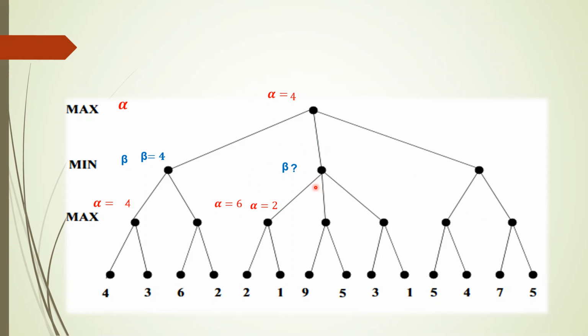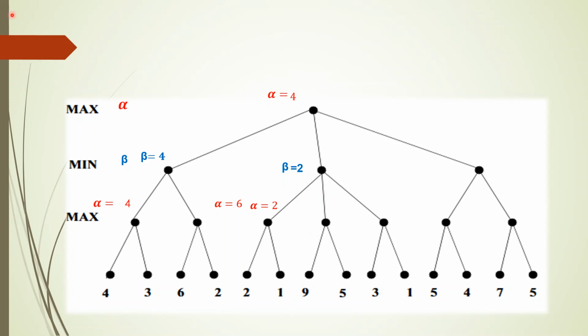So beta here is positive infinity. Beta will now compare its value, positive infinity, with this node. The value of this node is equal to 2. So 2 is less than positive infinity, so beta will adopt a value equal to 2. So here again the value of beta is equal to 2.